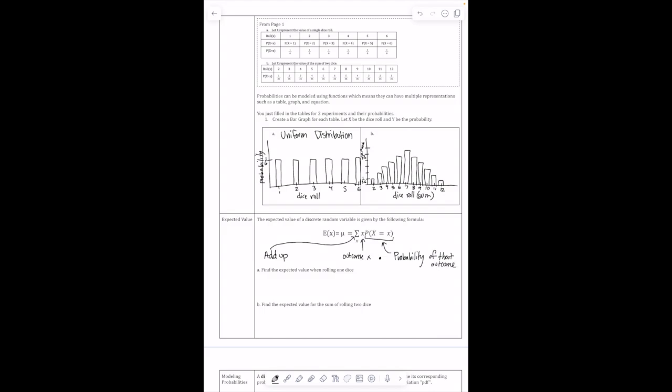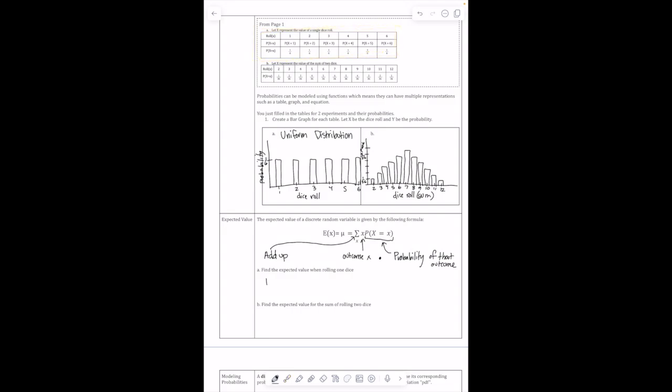So this is really connected to the mean. It's like we're finding the mean, but for just one person, or just one event happening. So find the expected value when rolling one dice. So we need to add up the outcomes times the probability of that outcome. So the first outcome is 1, and we're looking up here for this.